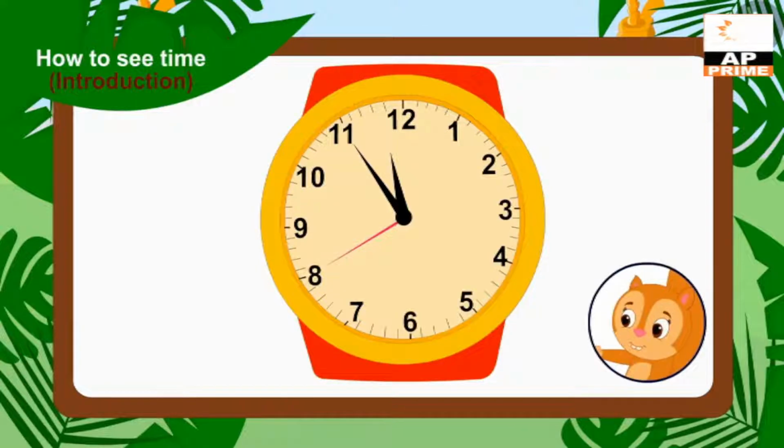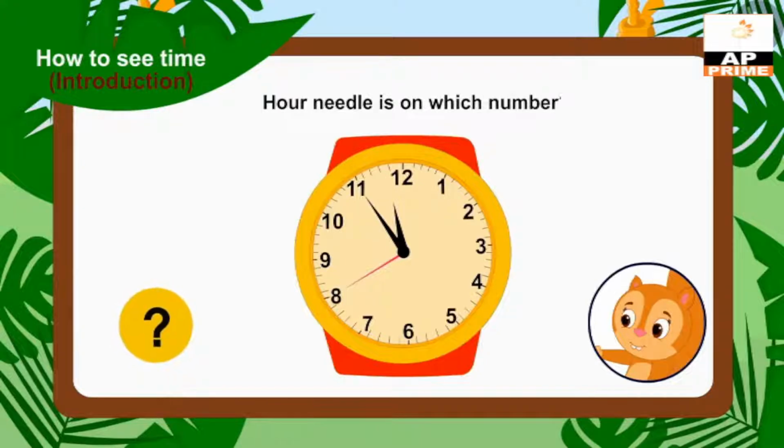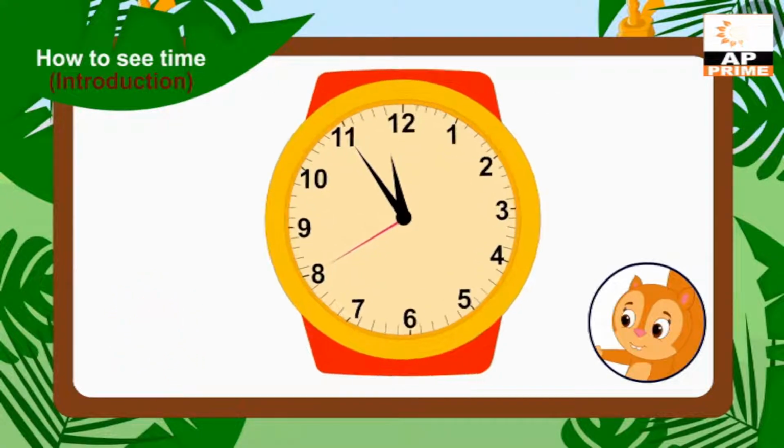This is the time in Chanda's watch. Children, can you tell what number is the hour needle on? Yes, between 11 and 12.